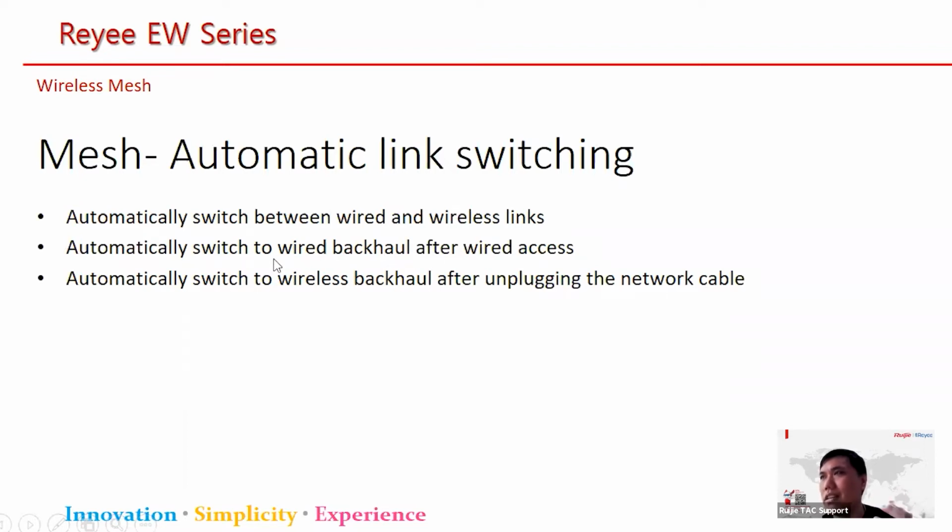Once we detect a wire problem or wire disconnection, the wireless link will automatically recover to let your router function as normal. Once your cable problem has been resolved, they will preempt back, which means they will use the wire mesh again. This is what we call mesh automatic link switching technology.